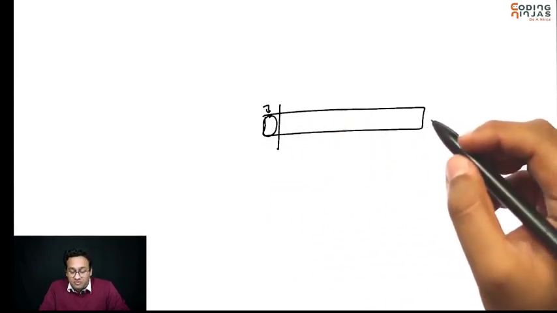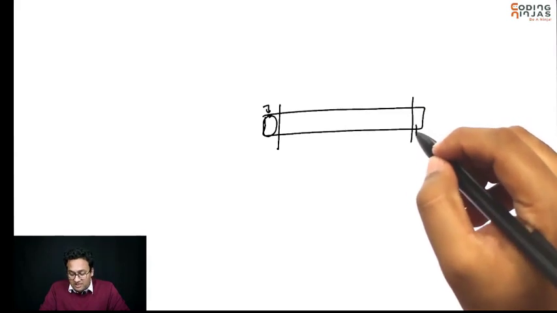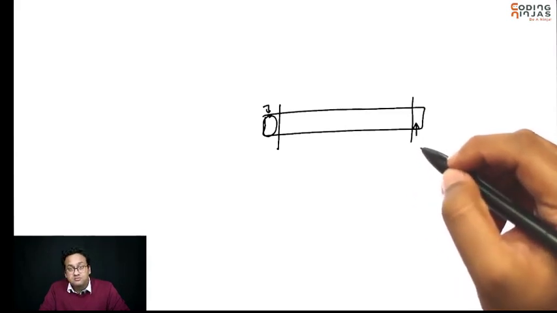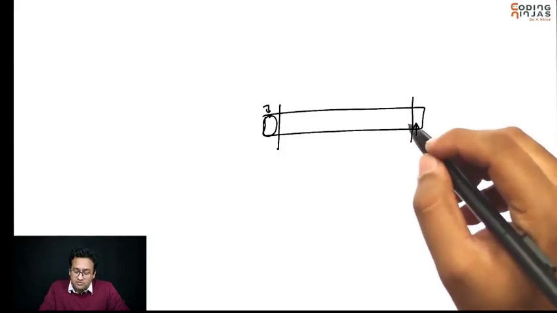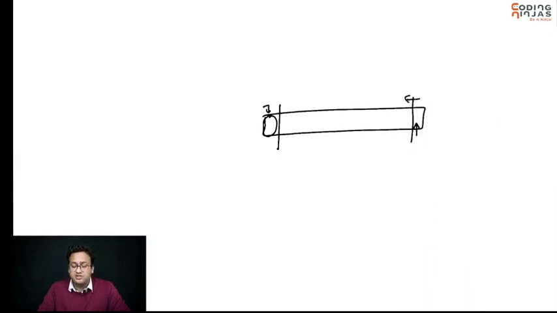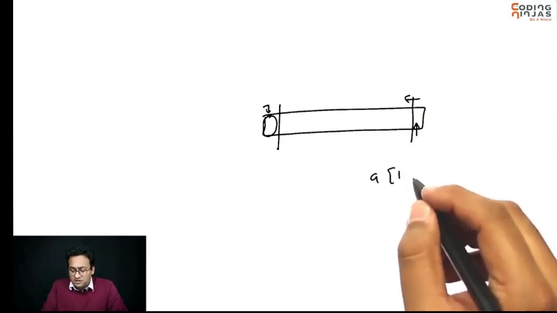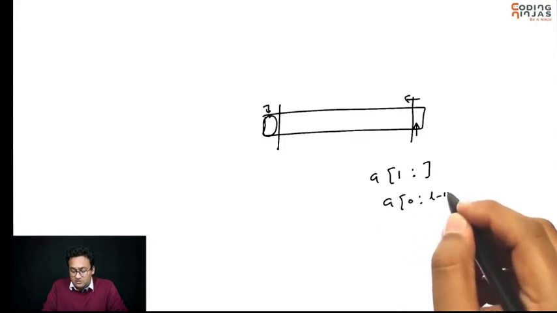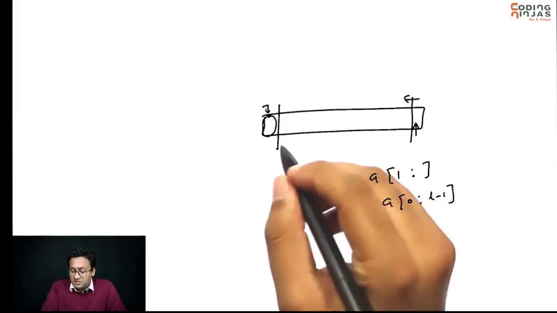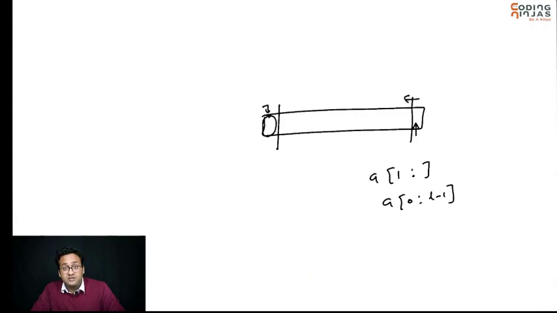The easiest solution will be that you look at the last element. If the last element is x, you return the index of the last element. Otherwise you start shortening your list from this direction. So instead of saying this, you will be saying this. So my list will be getting smaller from the last element.